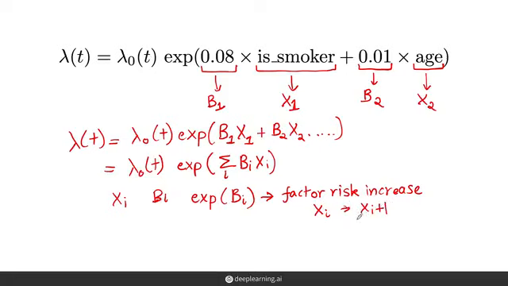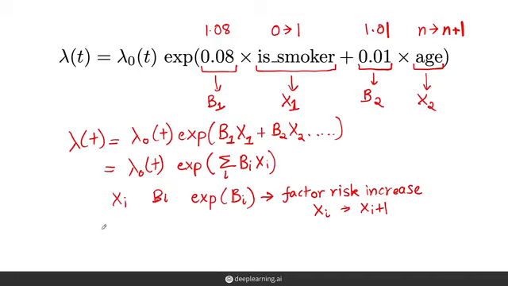So it tells us what the increase is in the factor risk when we have a unit increase in our variable. And we saw two examples of this with age and with smoker, where increasing smoker from 0 to 1 increased the risk by a factor of 1.08, and increasing the age from any age n to n plus 1 increased the factor risk by 1.01.